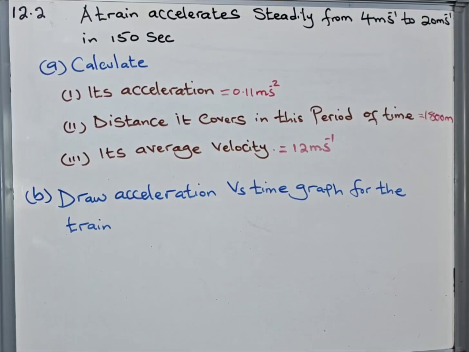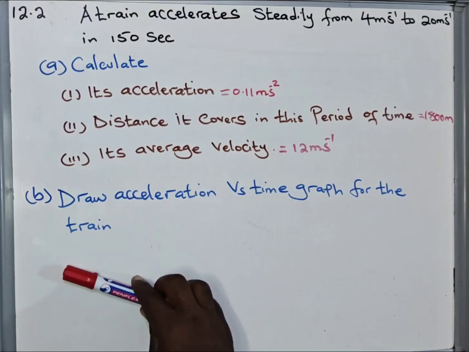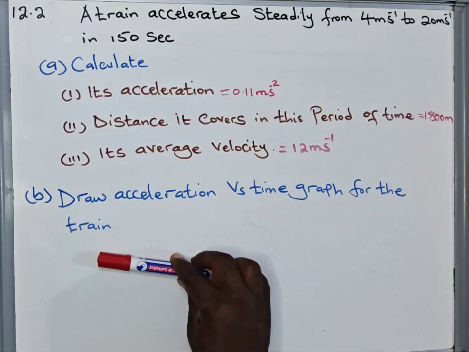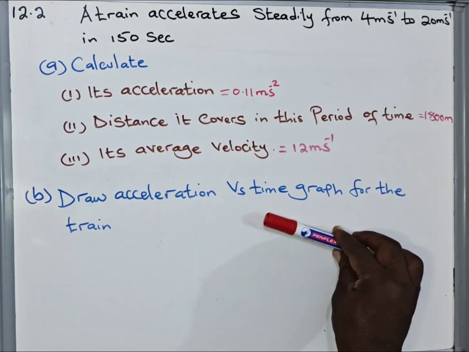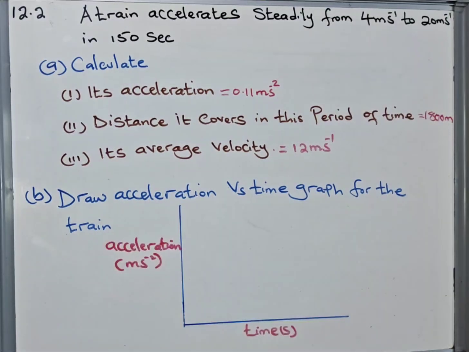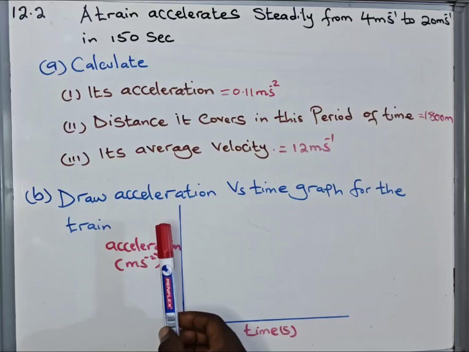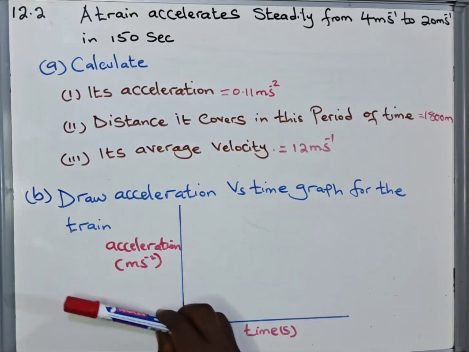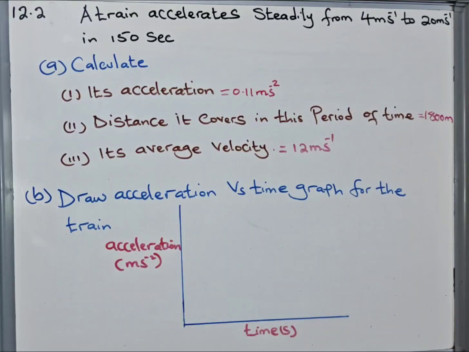Then we come to this question. It says: draw acceleration versus time graph for the train. How does this graph appear? Here we have the axes. On y you have the acceleration, and on x you have the time.